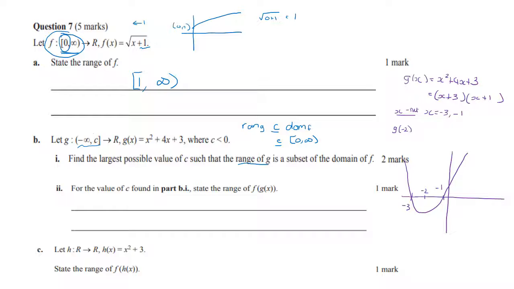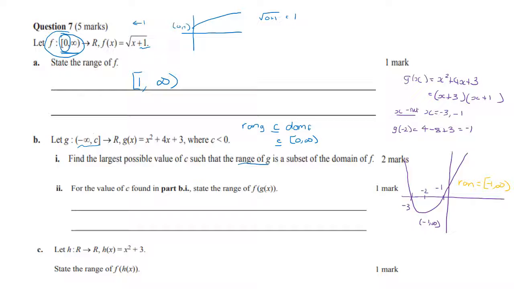And if I wanted to substitute in negative 2 into my g of x function, I would get negative 2 squared is 4. 4 times negative 2 is negative 8 plus 3. So negative 4 plus 3 is negative 1. I've got a turning point here at negative 2, negative 1. Now, the range of this currently, if I do nothing to change it, is going to be from negative 1 to infinity.